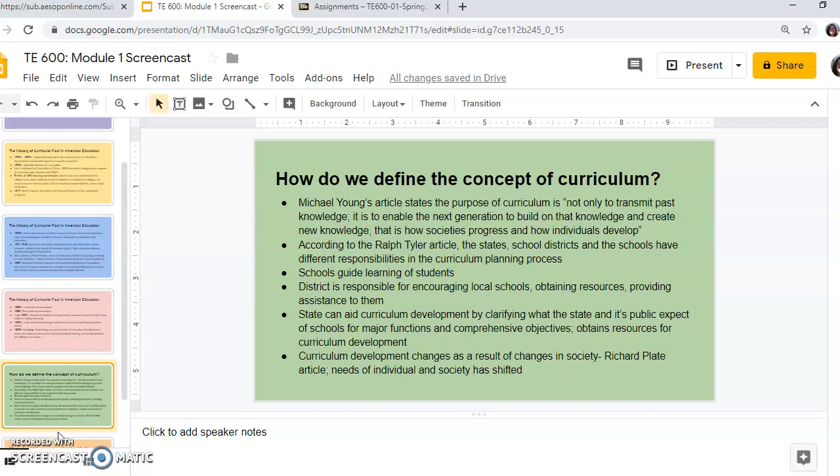And he stated that's how societies progress and how individuals develop.